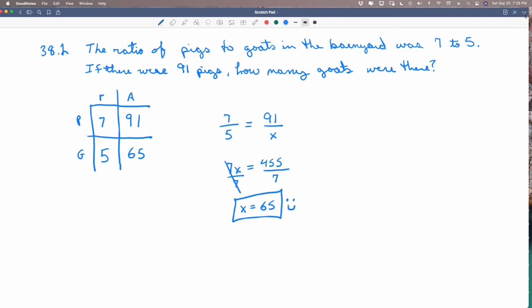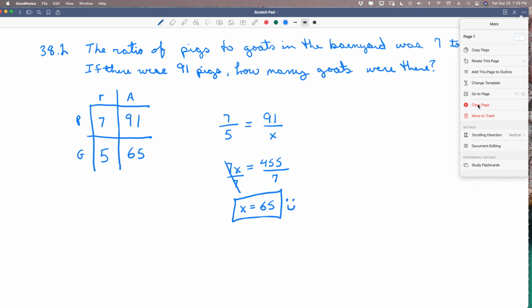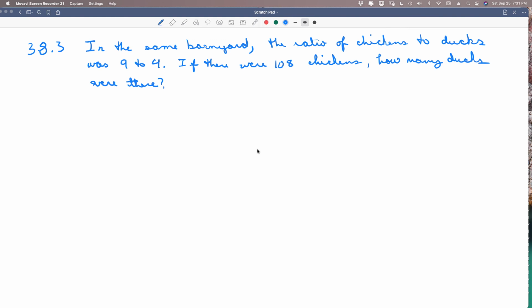All right, so now let's look at 38.3. I'm going to write that for you. Here's our problem. In the same barnyard, the ratio of chickens to ducks was 9 to 4. If there were 108 chickens, how many ducks were there?